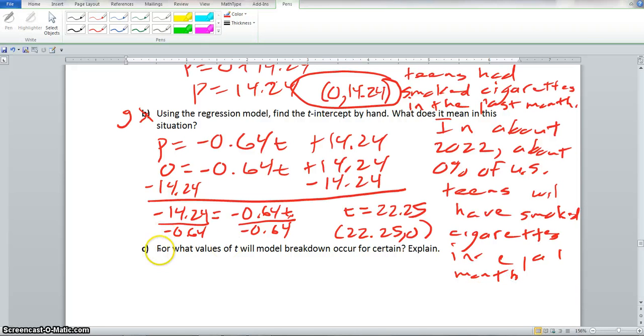Okay, now the last question, C, my C, which is your H. It says here, for what values of T will model breakdown occur for certain?